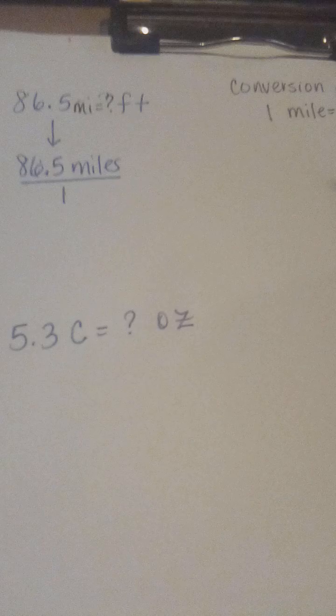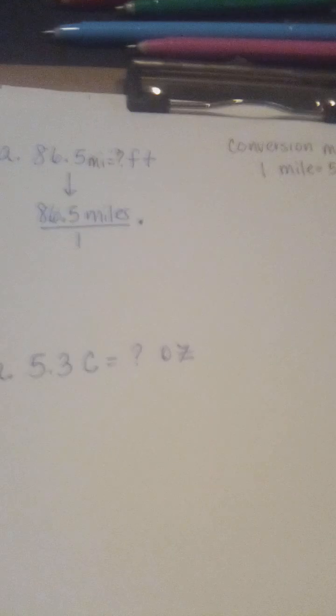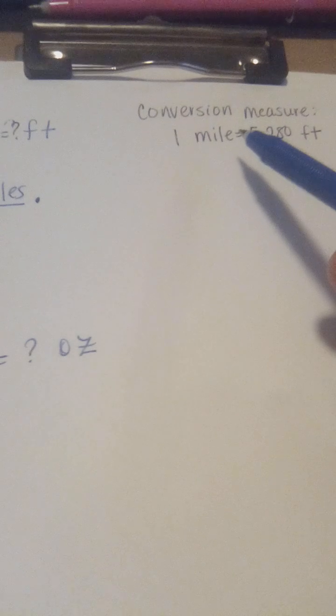If you said multiply, you are correct. Now, here's another thing that's going to be useful. I'm going to put this over a fraction, two fractions: one regular fraction, 1 mile over 5,280 feet, or the reciprocal, 5,280 feet over 1 mile.